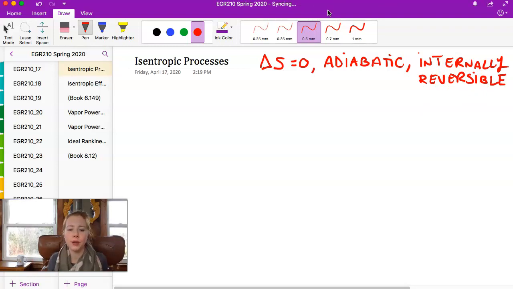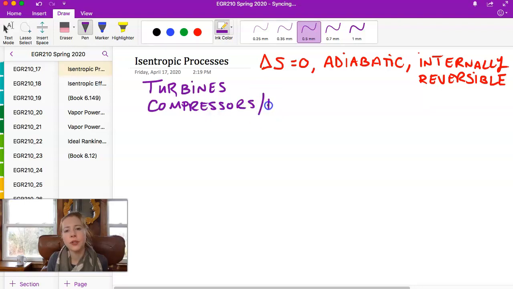We're going to go through some examples, and let's go back to the components of our different larger systems. So turbines we're going to be looking at. We're going to be looking at compressors, and pumps, nozzles and diffusers.